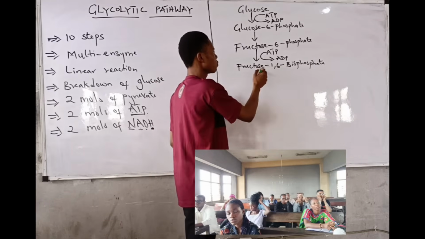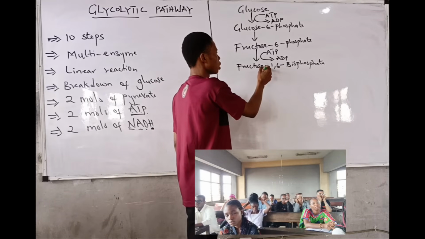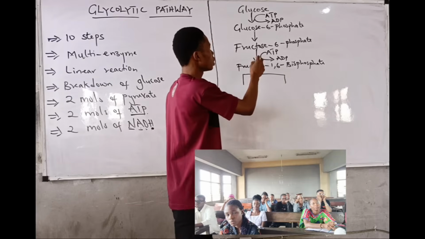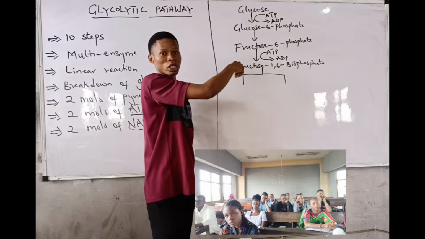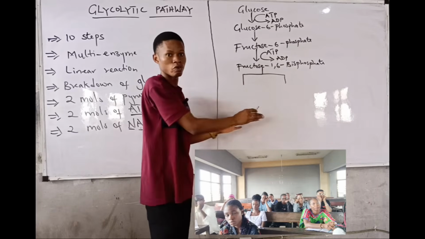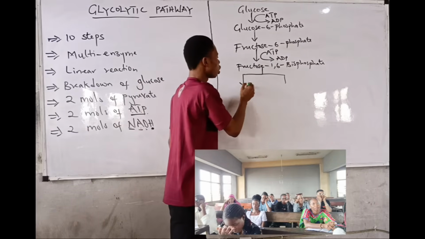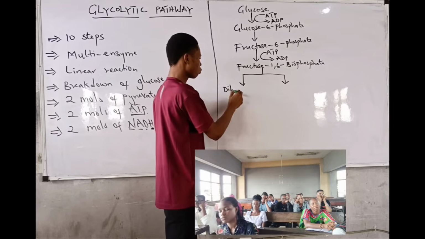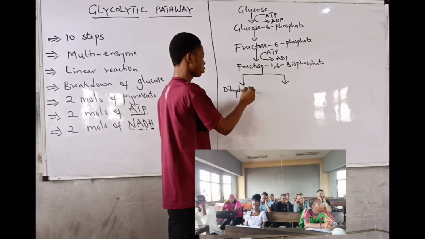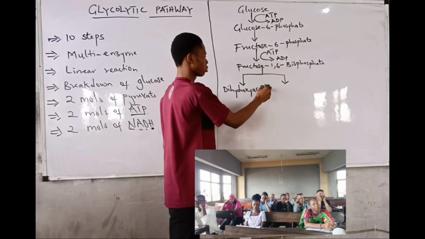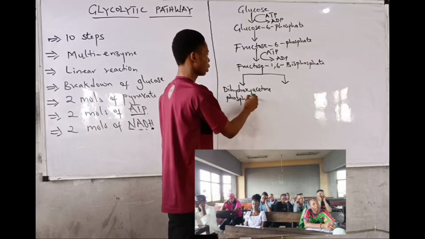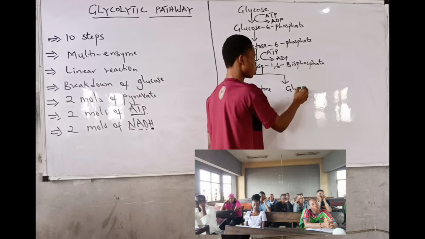Now, from fructose 1,6-bisphosphate, there will be a cleavage. Please don't draw this, because I'm not taking note of the reversible and irreversible reactions. Just understand how it's moving before we take that. There will be a cleavage to 2 things: dihydroxyacetone phosphate and glyceraldehyde 3-phosphate.